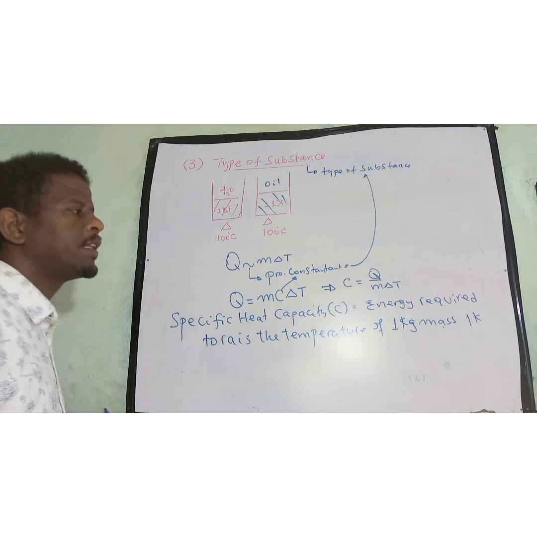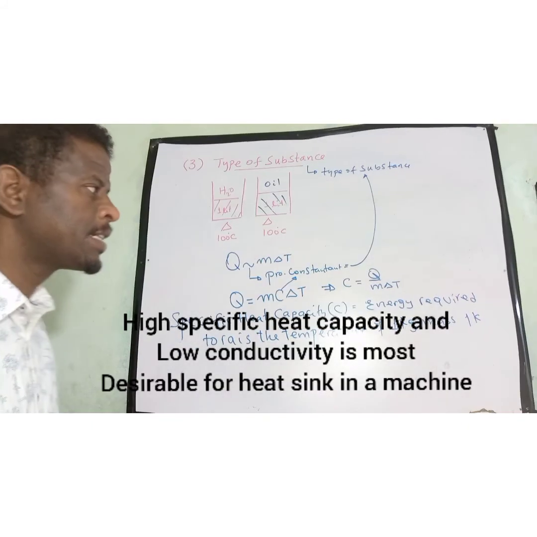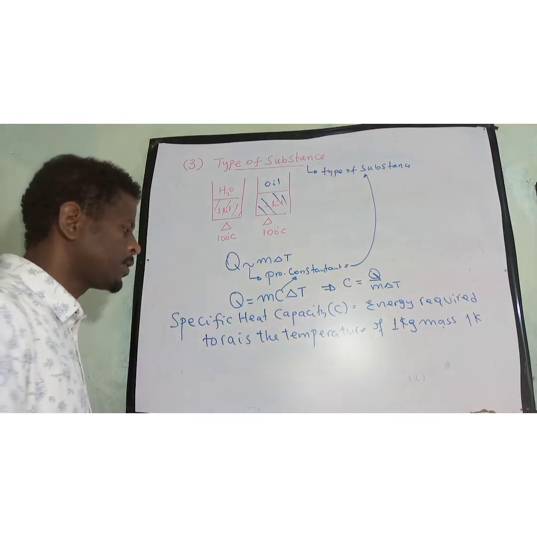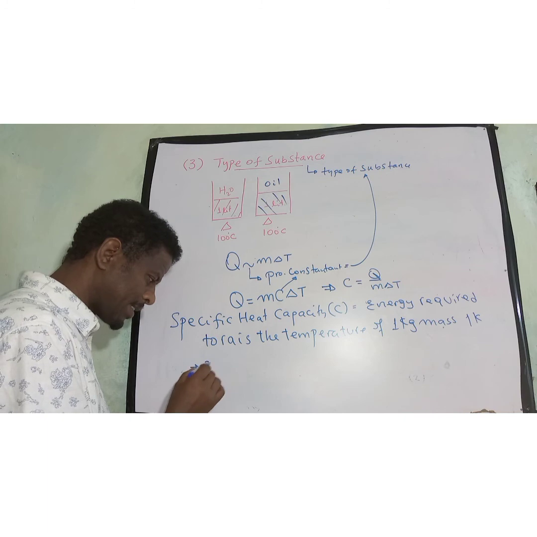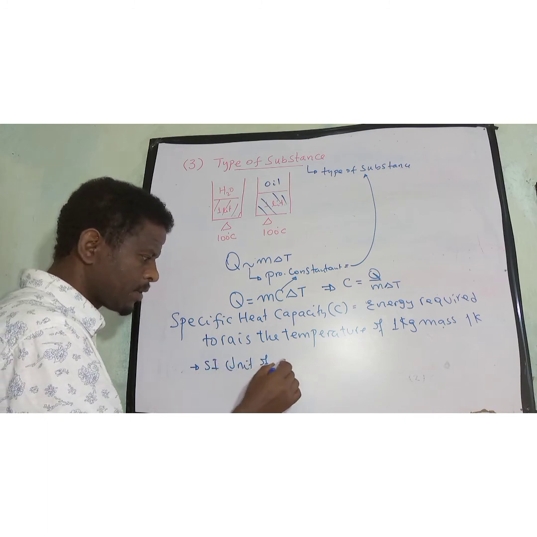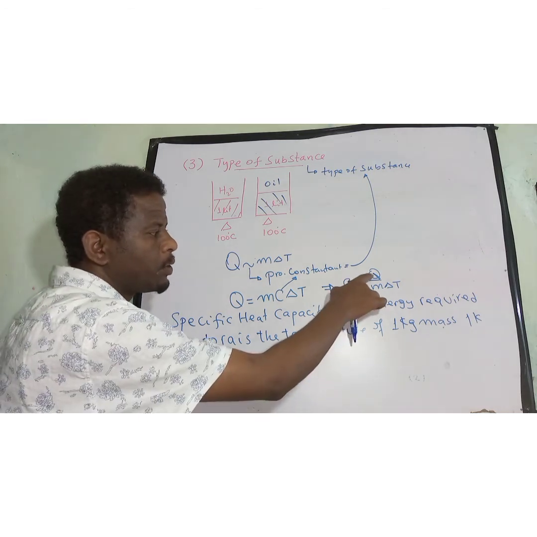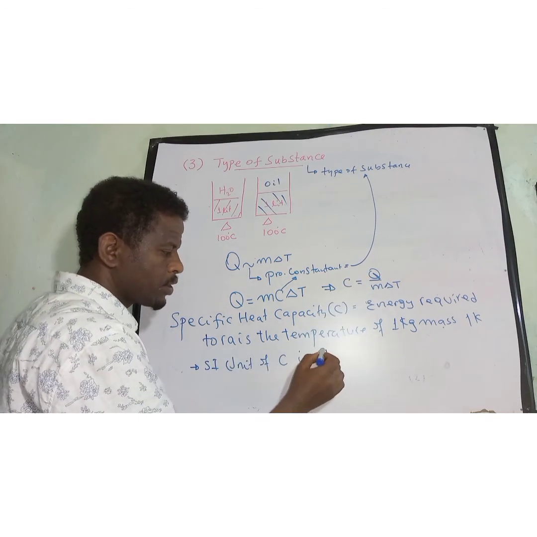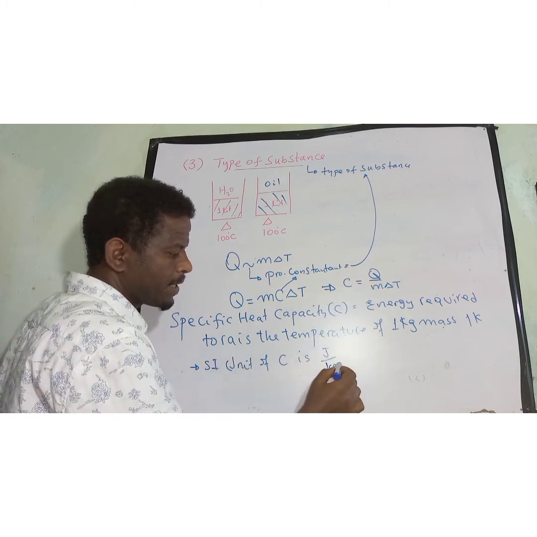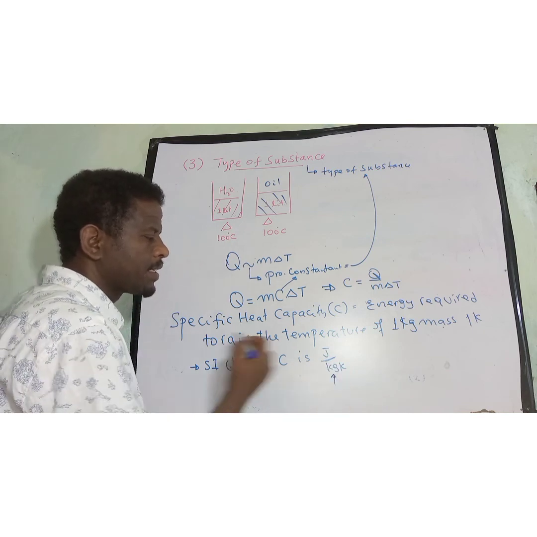And the unit for specific heat capacity is the ratio of the unit of quantity of heat, which is Joule in SI, to kilogram times Kelvin. So the unit for specific heat capacity is Joule per kilogram per Kelvin.